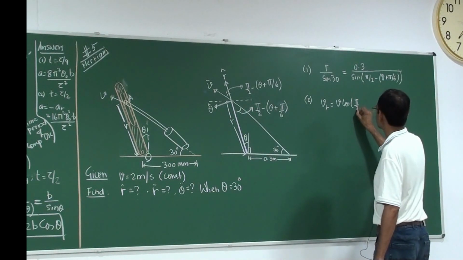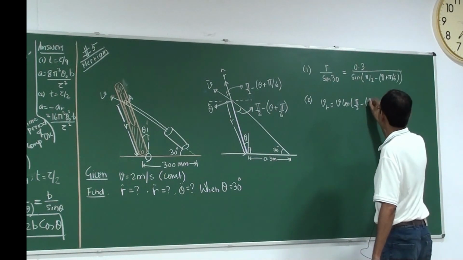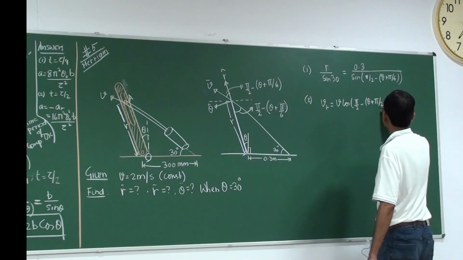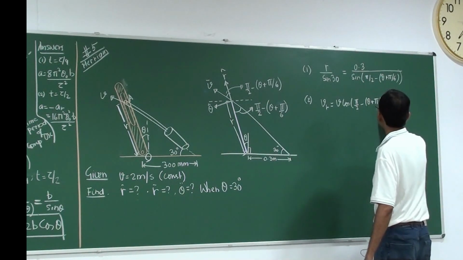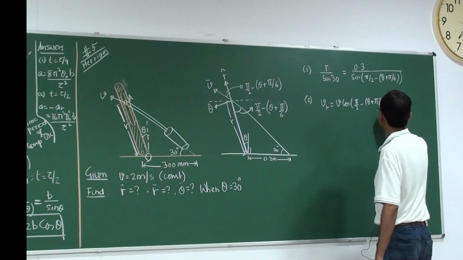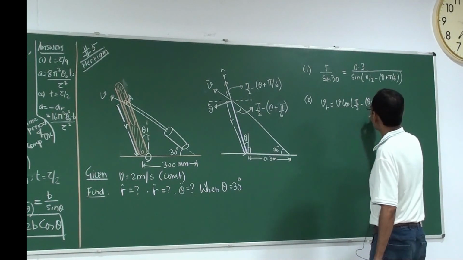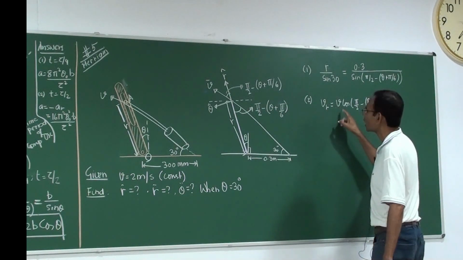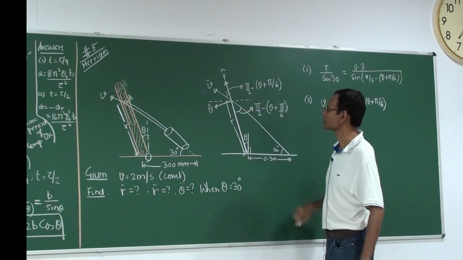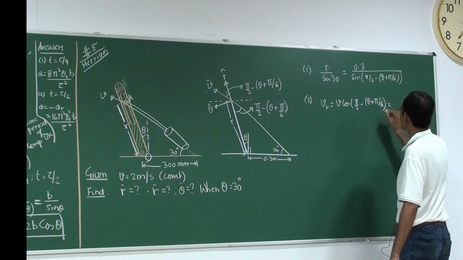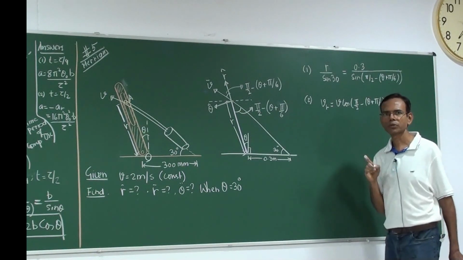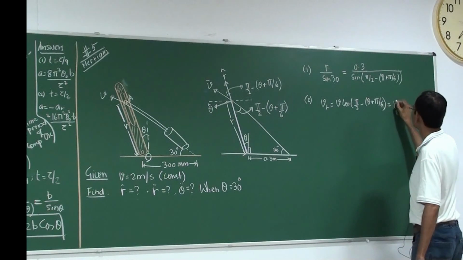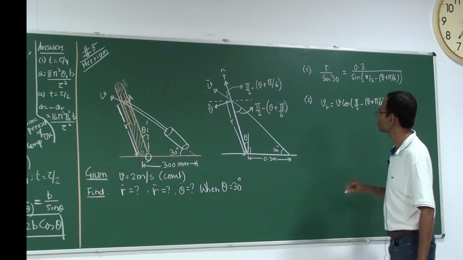So I just write whatever it looks like: theta plus pi by 2, pi by 6. So V cos, and V is known to us, V is given to us. So VR is V cos this. That is equal to how much? Radial component of velocity is R dot. So that is one equation you have got.